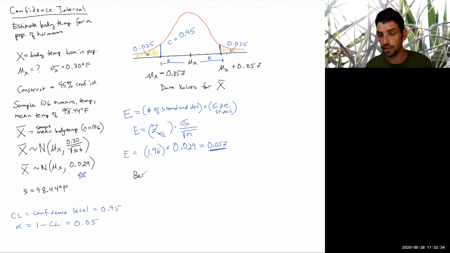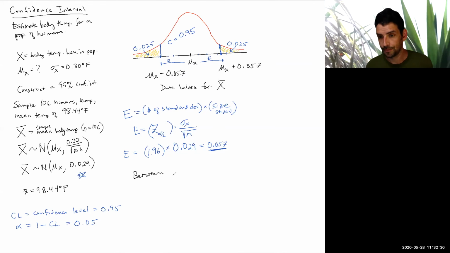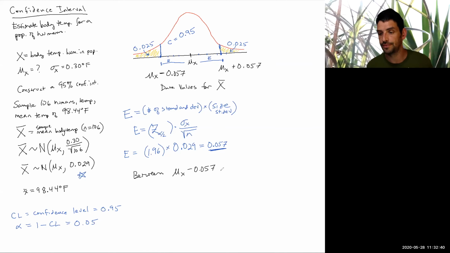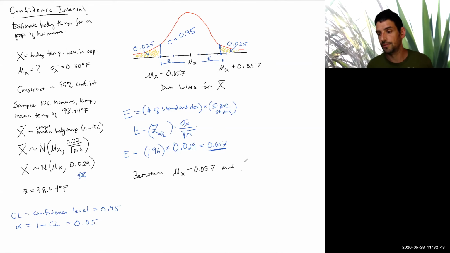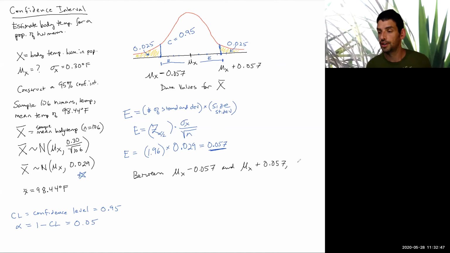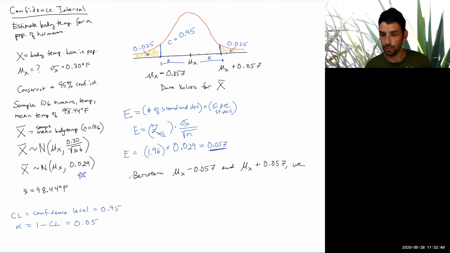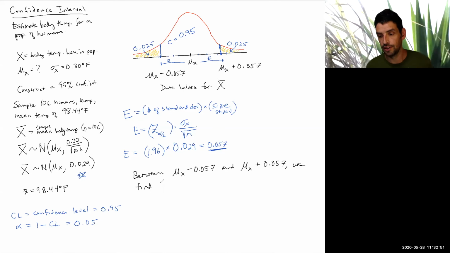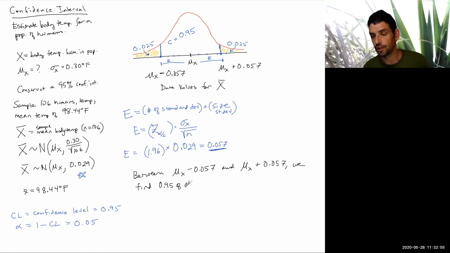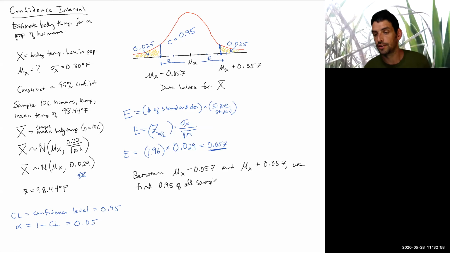So between mu x minus 0.057 and mu x plus 0.057, we find 0.95 of all sample means.